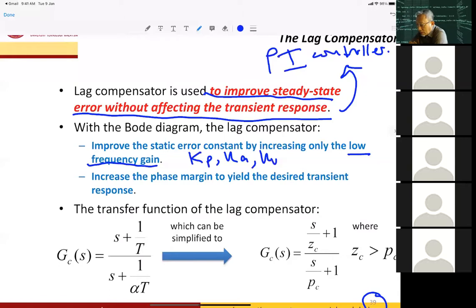It will also increase the phase margin to yield the desired transient response.